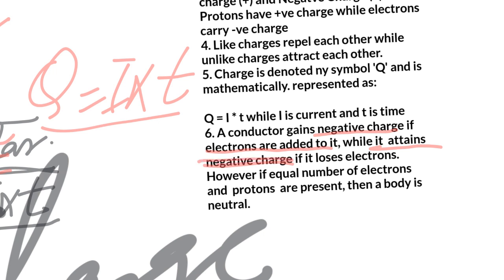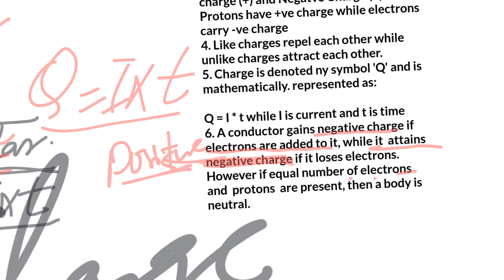Here you have to write positive charge, it is wrong on the slide. A conductor gains negative charge if electrons are added to it. If it loses electrons, then it will gain positive charge.